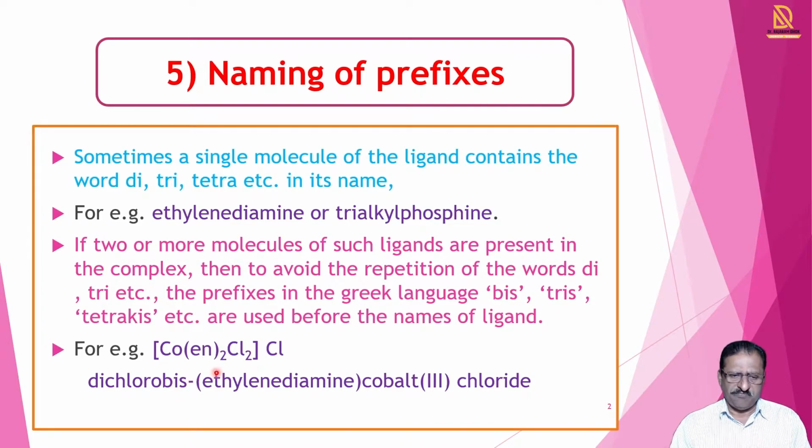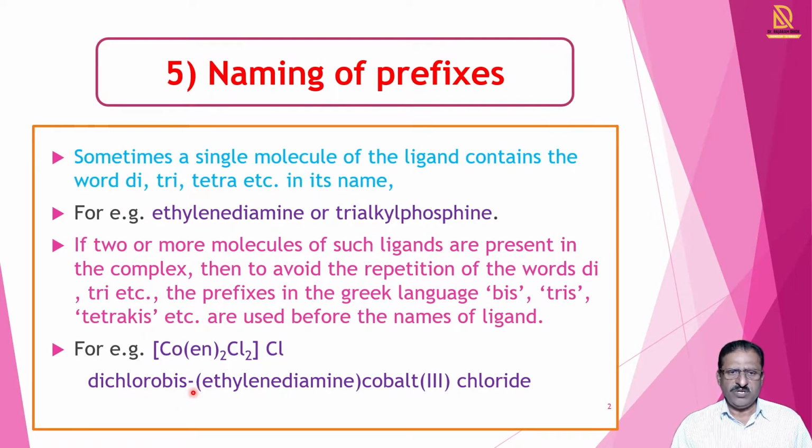Other rules are the same. Chloro is a negatively charged ligand, en is a neutral ligand. So firstly we use chloro. There are two chloro ligands, so we use dichloro. Then two ethylenediamine, so we use bis instead of di.